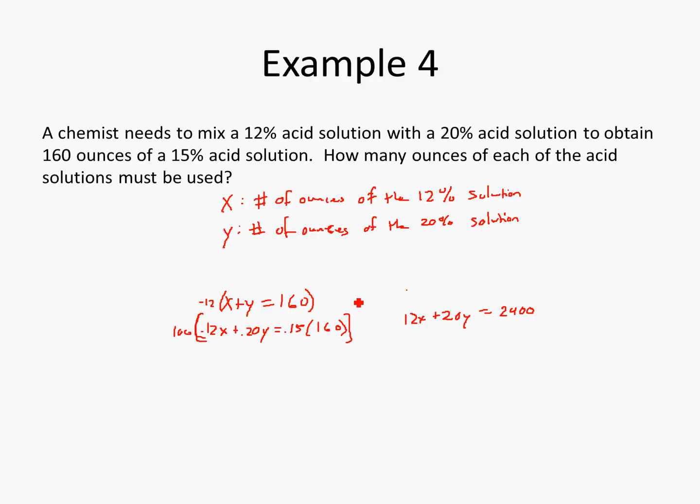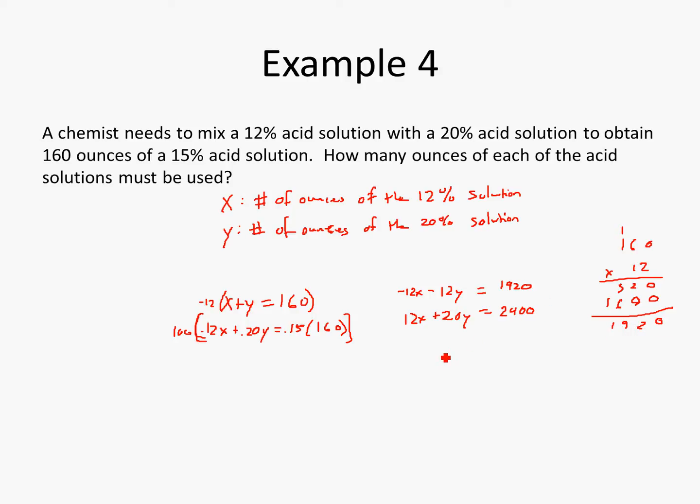So if I take negative 12 multiplied by the top equation, I get negative 12x minus 12y, and that'll equal, let's see, 196 minus 4, 192, with a 0, I think. Yeah, that's right. I got it right.